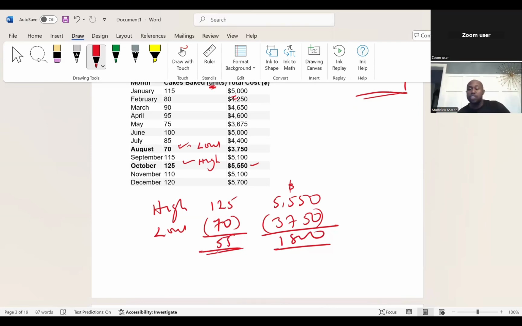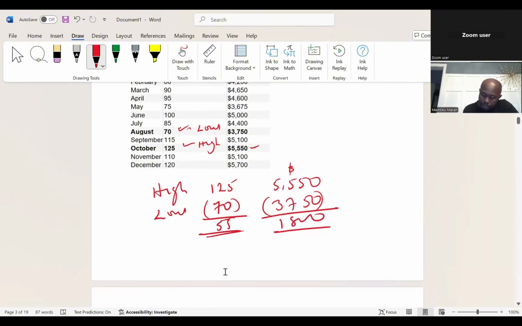And my step 3 is to calculate my variable cost in units. We have the formula from the first question. So now, my variable cost per unit is equal to 1,800 divided by 55. This will give me my variable cost per unit.